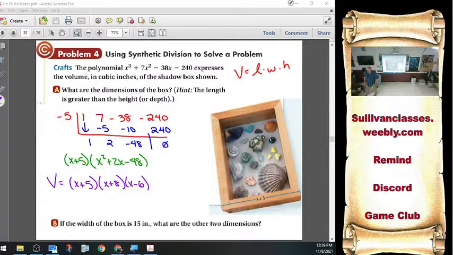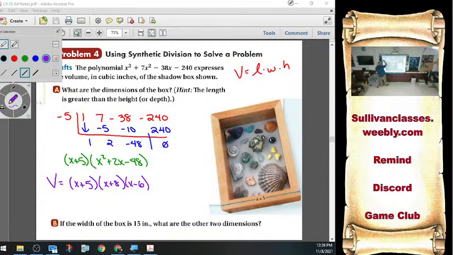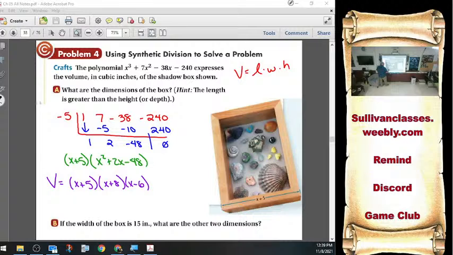So, how do I know which one's which now? How do I know what's length, width, and height? The width is x plus 5 because that was in my diagram. And it says the length is greater than the height. Well, but that's an x. X is a variable. How do I know that this one's bigger than that one? What if it's a negative number?